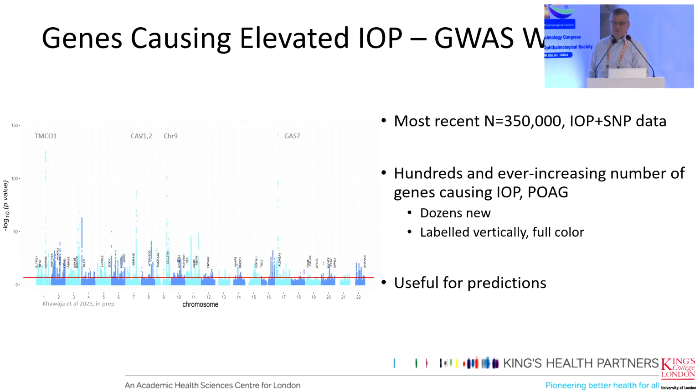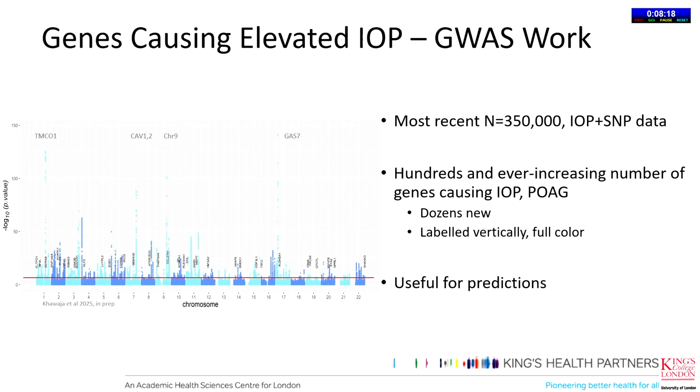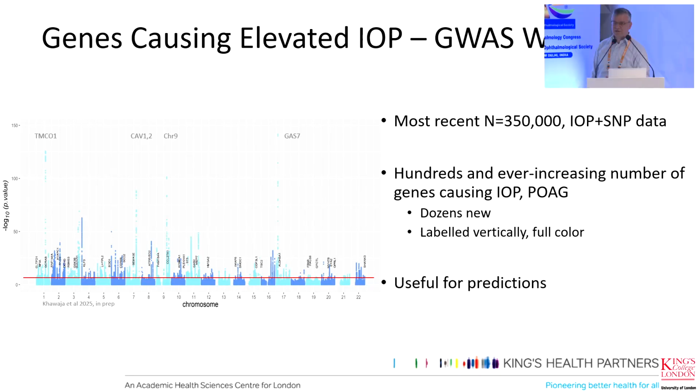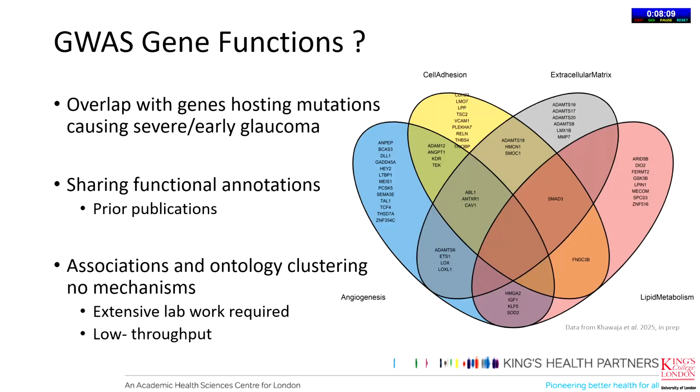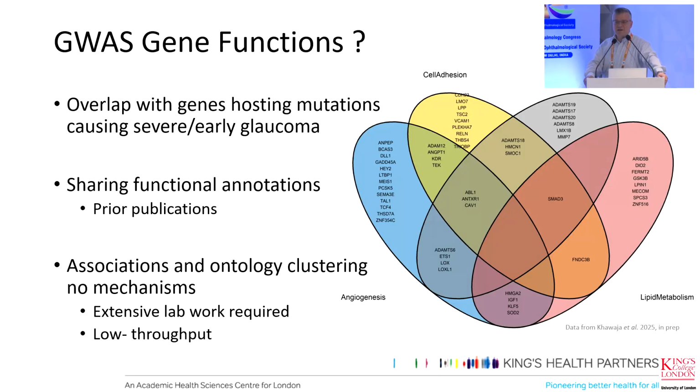Now, that sort of genetic knowledge is useful to make predictions. Although imperfect, our genetic predictions are getting better, and we have this unprecedented ability, still a work in progress, to identify individuals who are going to become glaucoma patients or who will stay controls for the rest of their lives. What does that tell us about gene functionality? Something, but a little. There are a few recurring themes among the GWAS.